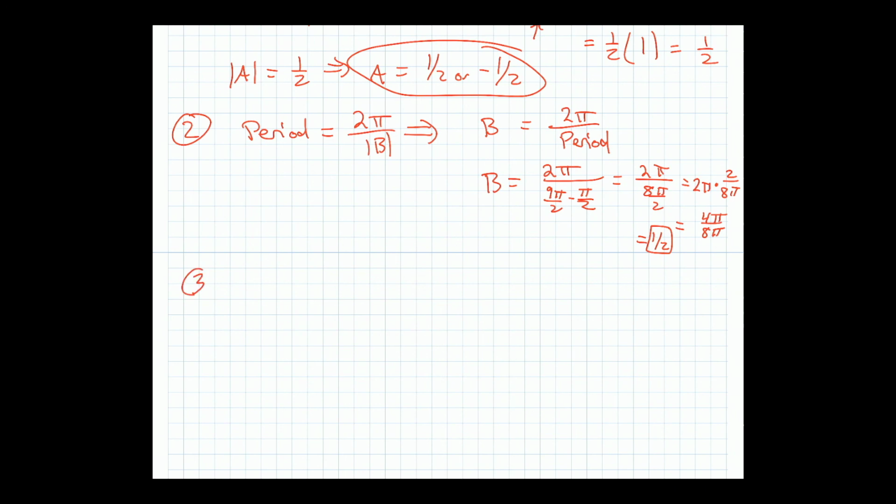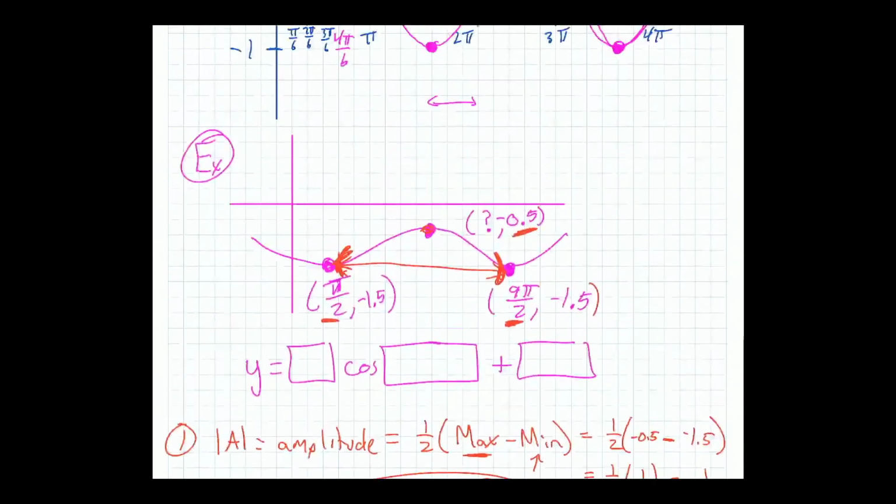The next thing is we need the phase shift. The phase shift, we know, is c over b. Now, the phase shift on the graph is how far over the graph is moved, to the right.